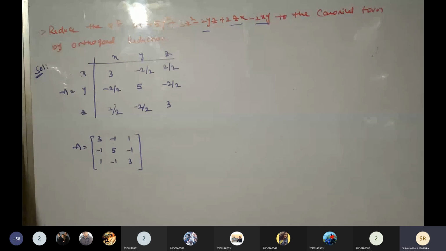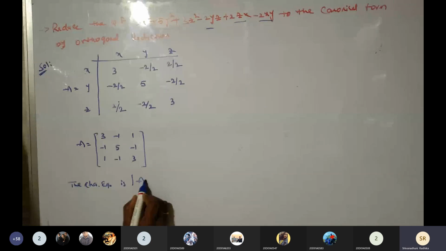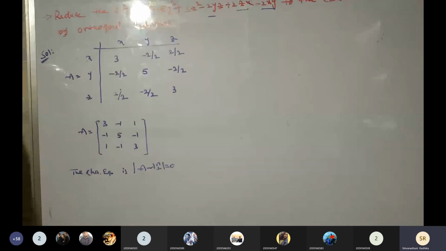And we go to find the characteristic equation for finding the eigenvalues. The characteristic equation is det of A minus lambda I equals 0. Now 3 minus lambda, minus 1, 1; minus 1, 5 minus lambda, minus 1; 1, minus 1, 3 minus lambda, equals 0. By simplification we get the lambda values.